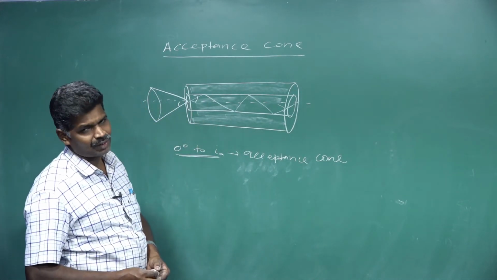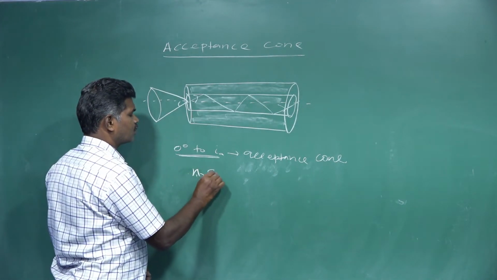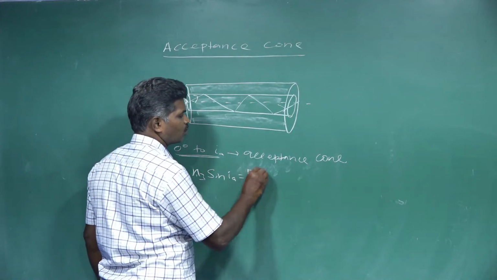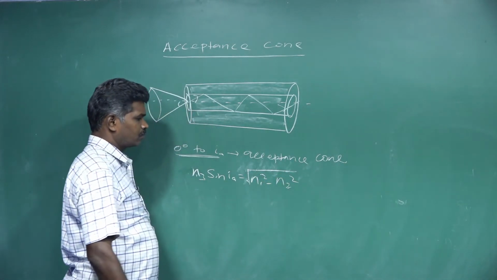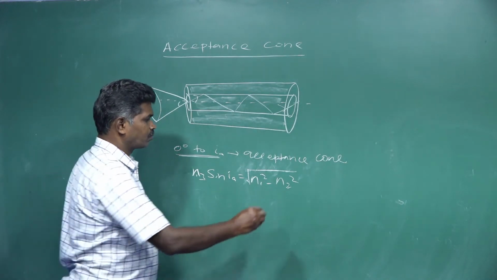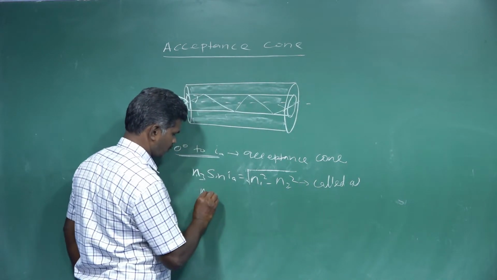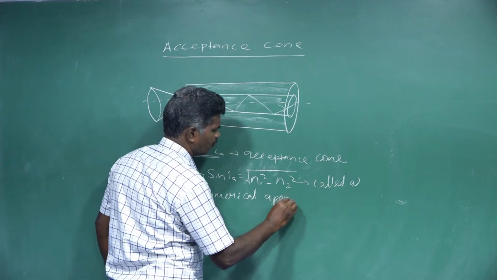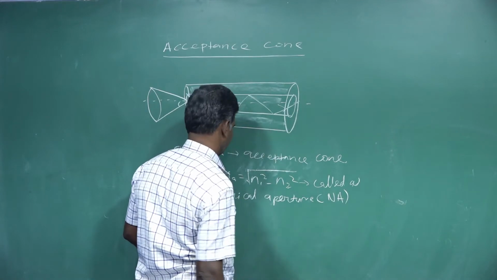And we have the equation n3 sin Ia. That value can be taken as the square root of n1 square minus n2 square. We call it the numerical aperture, shortly named NA alone.